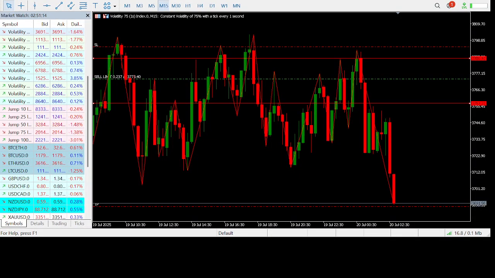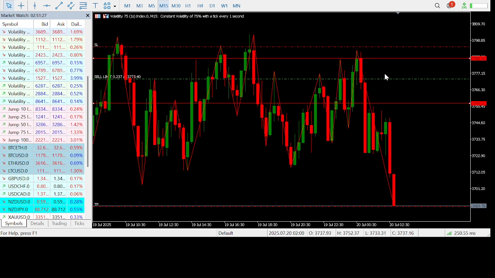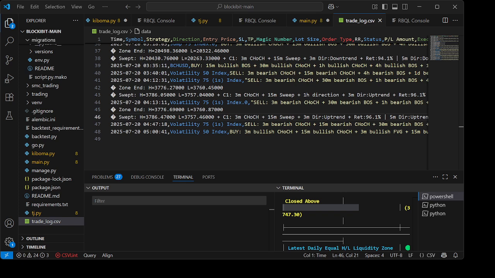The low of course will be 3757, right? The low is automatically going to be 3757. Now you can see, you already know this has been swept.